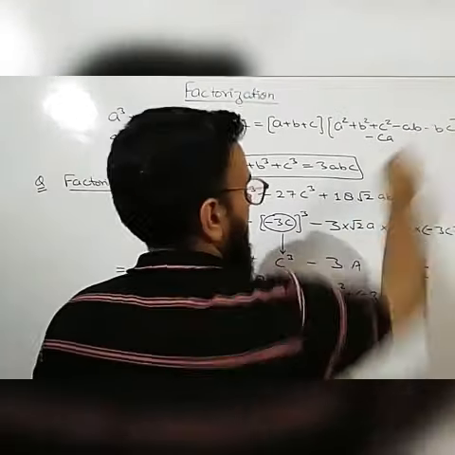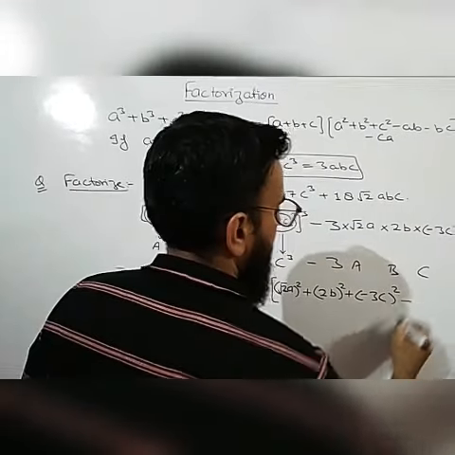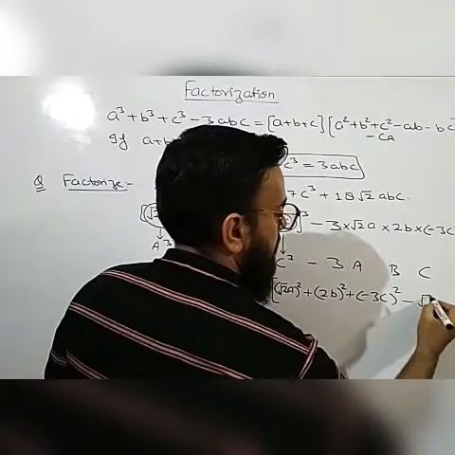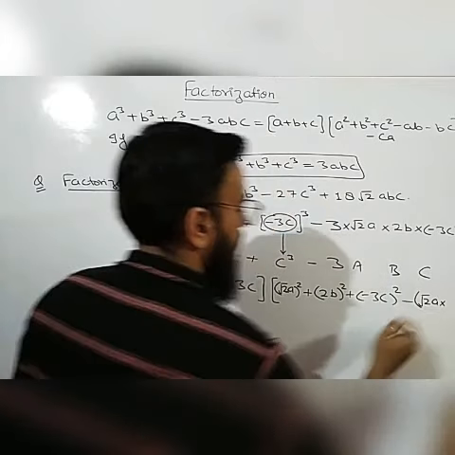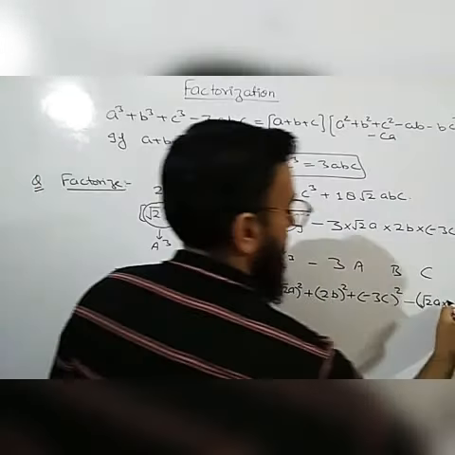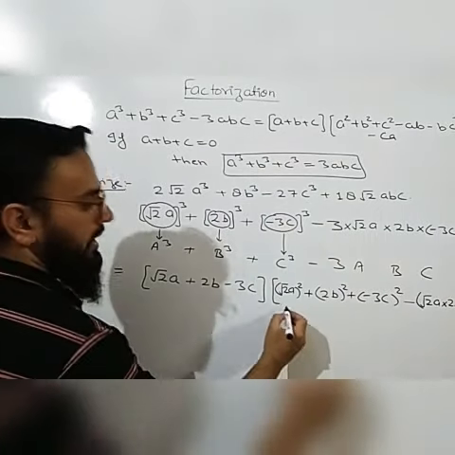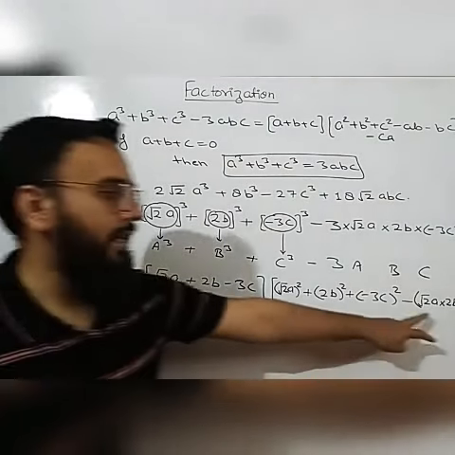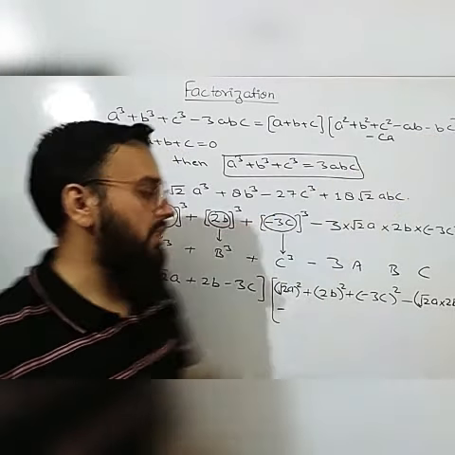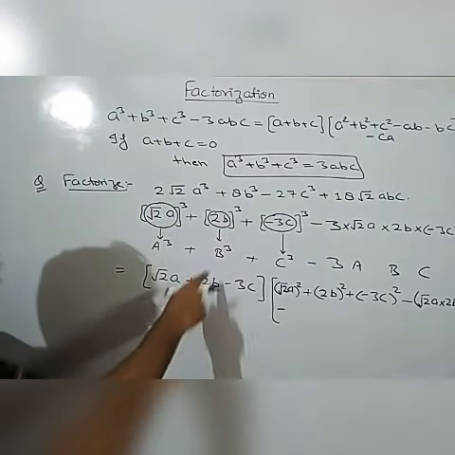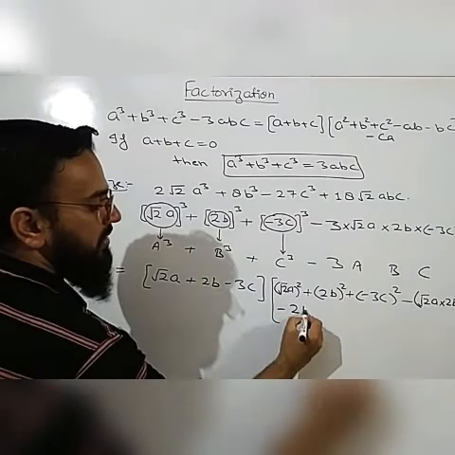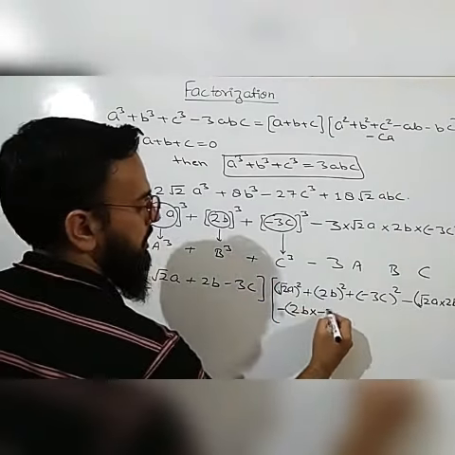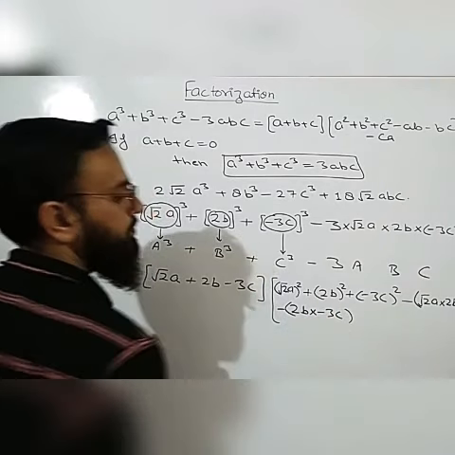Then it is minus ab. So what will be the value of minus ab? Minus, a means root 2a, into, what is b? B means 2b, so it will be 2b. Then minus bc. It will be minus, then the value of b is 2b, into the value of c, which is minus 3c.